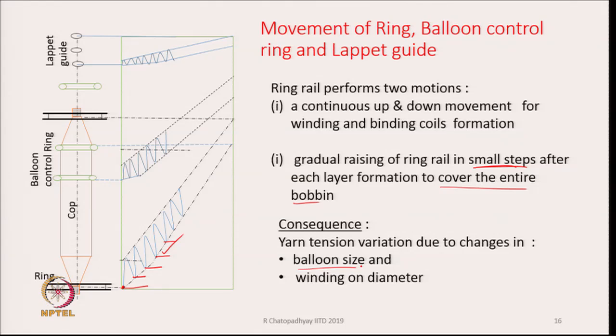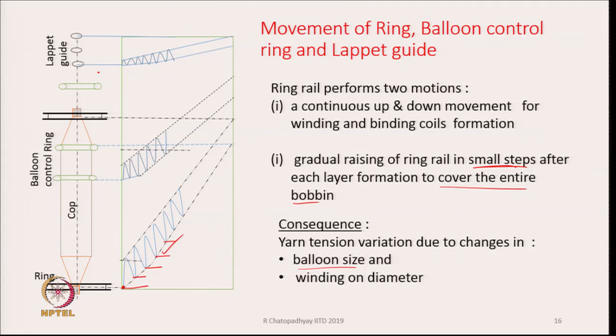Yarn tension will vary, because when I am winding here, I have a very big balloon. The yarn element is from here to there where we have the lappet guide. So, the balloon is very large when I am winding near the bottom part of the bobbin.